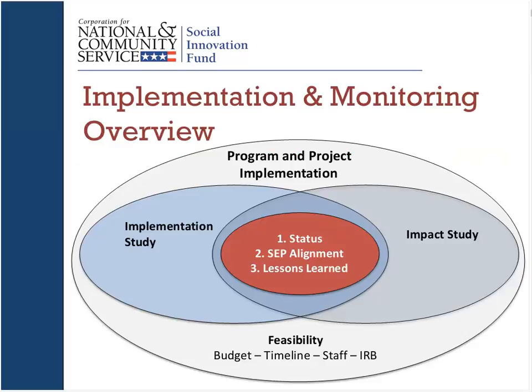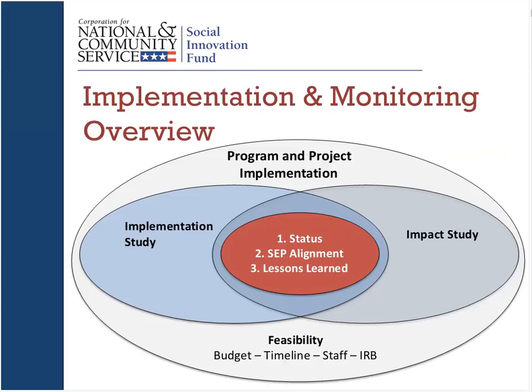This diagram here is intended to display both the aspects of a SIF project that need to be monitored, as well as the questions one should ask. In other words, what information would be most useful. Starting in the middle, I'm sure we're all attracted by the red center square circle there. I think these are the best monitoring questions to ask. First, what is the status of the current project? What's happening?